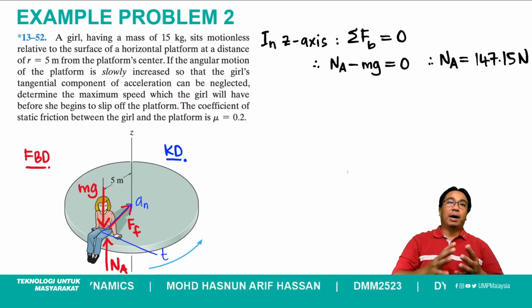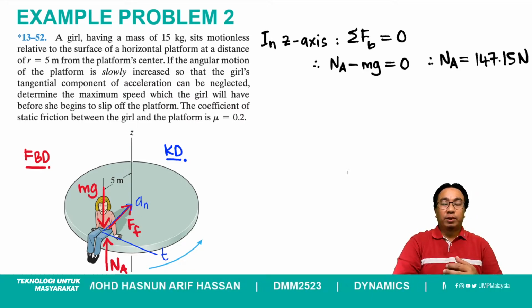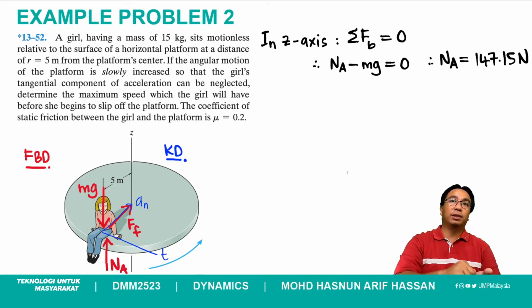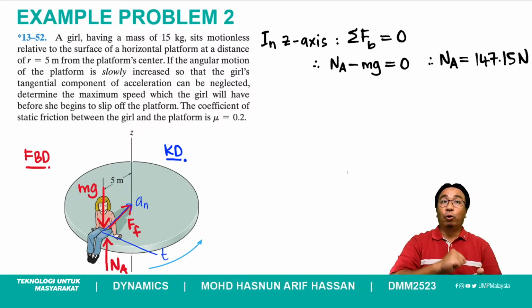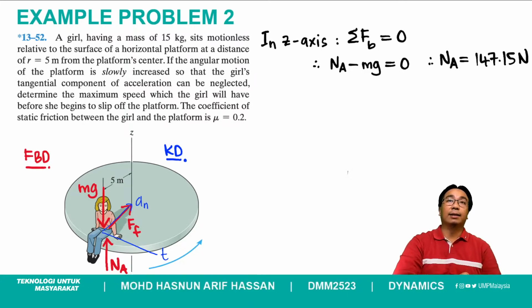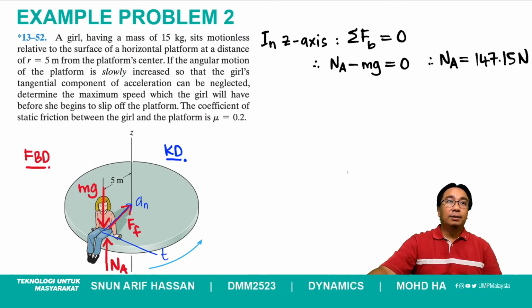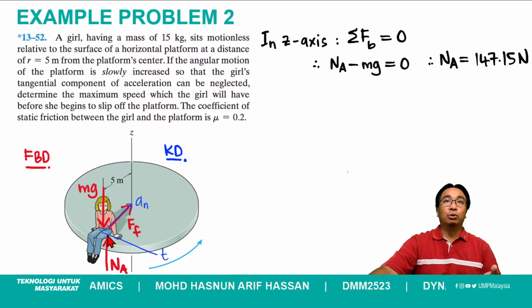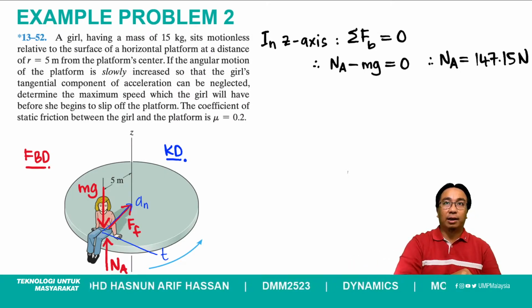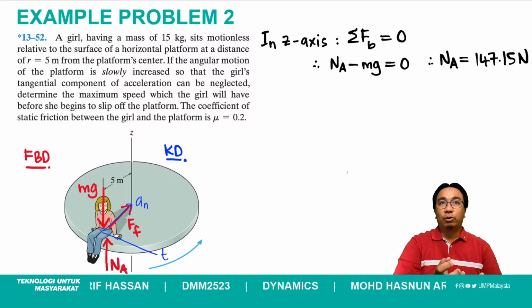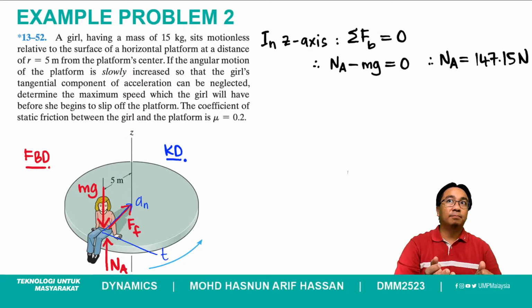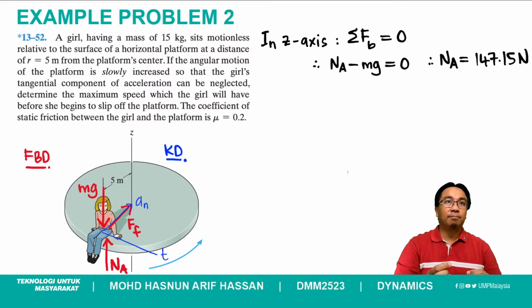But remember I said that whenever an object is in contact with the ground, there will be a normal force Na. So when the girl is no longer in contact with the ground, will there be any normal force, or has the normal force disappeared?